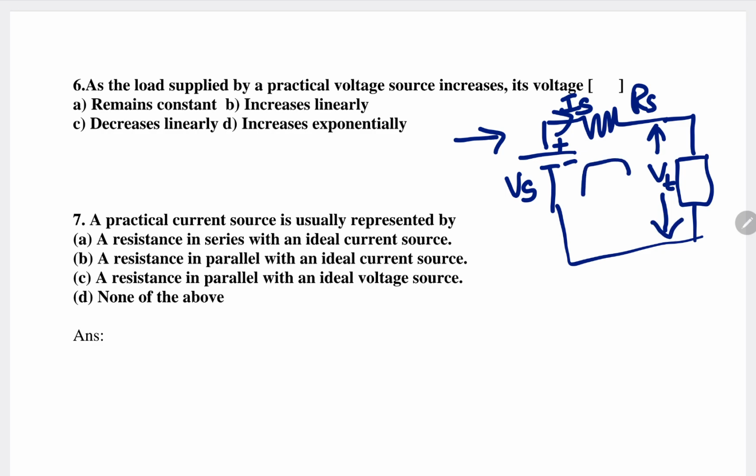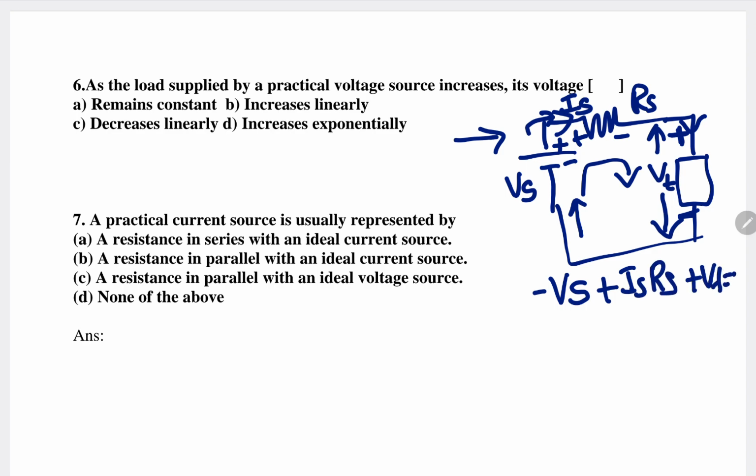Let us apply KVL here. As the current is entering the top terminal, this is plus and this is minus. Applying KVL in this direction: minus Vs, and here again plus Is into Rs plus Vt is equal to 0. So Vt is equal to Vs minus Is Rs.